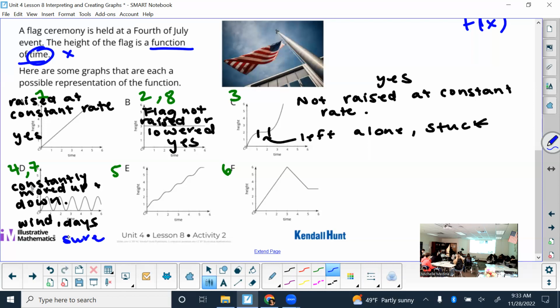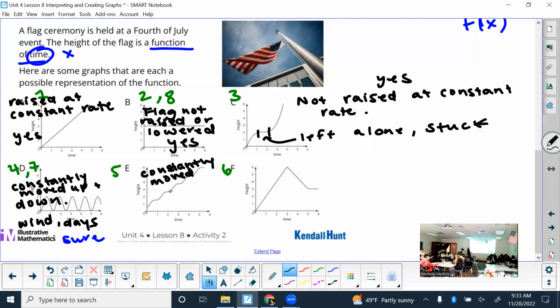Now table 5, what would graph E tell us about the flag? Constantly move. Anything else to add about that? Maybe every hour it's raised a little bit, if this is hours.